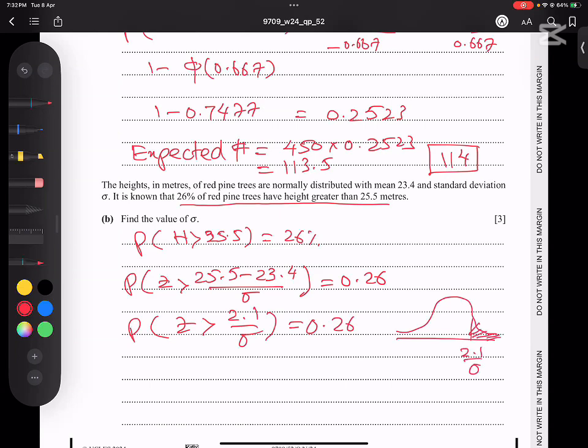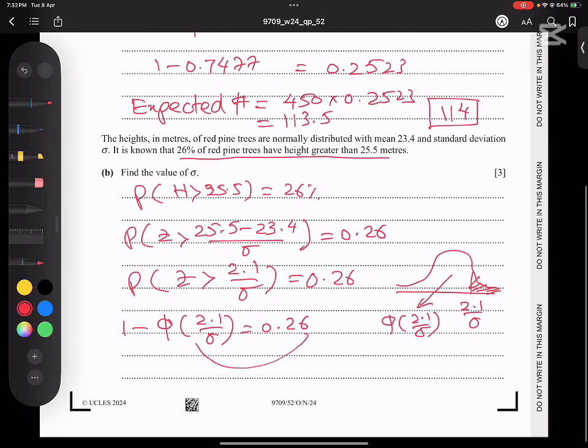So how to find this one, students? This white part is called phi of 2.1 by sigma. But I'm looking for this, so 1 minus phi. So 1 minus phi of 2.1 over sigma is equal to 0.26. This will go there and this will come here, and then I will get phi of 2.1 over sigma equals 0.74.